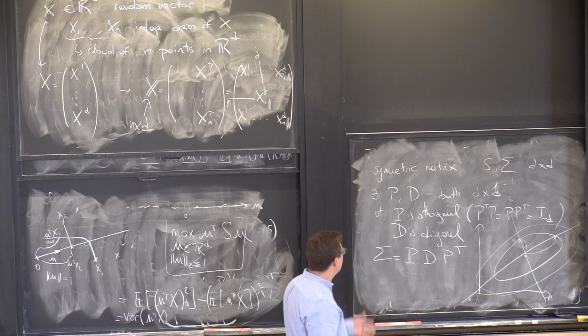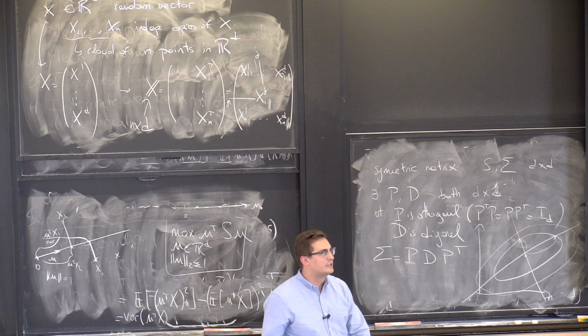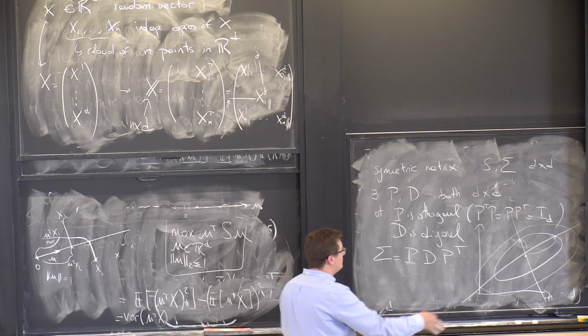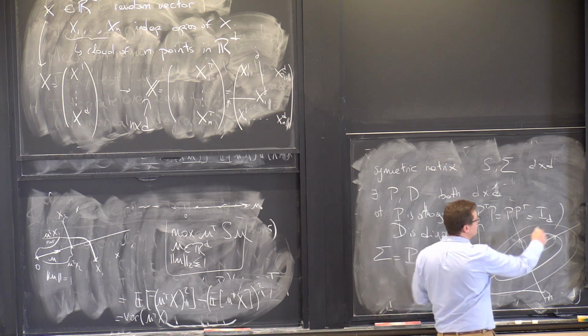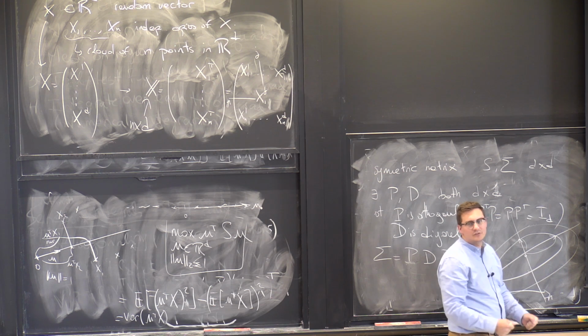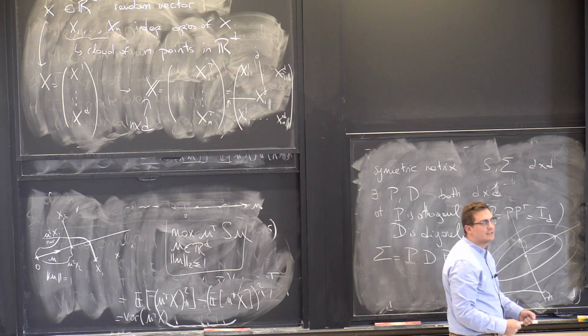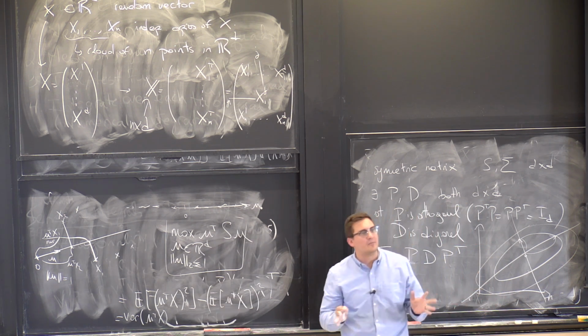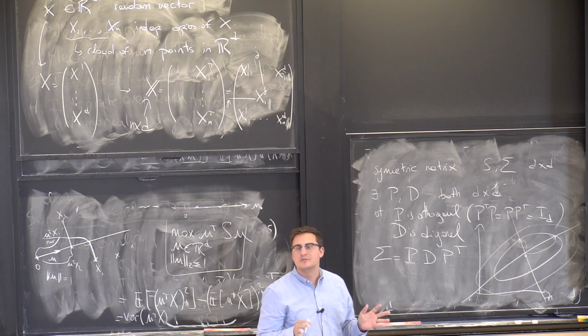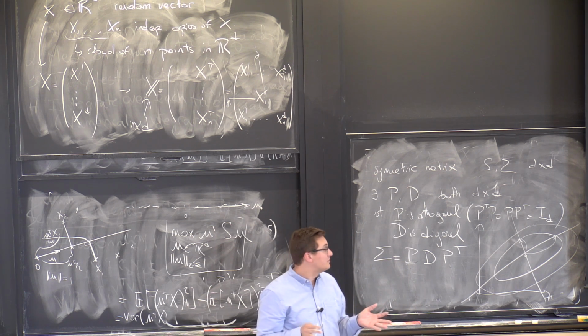So in a way, this is actually telling you even more. It's telling you that for any matrix that's symmetric, you can turn it somewhere, start to dilate things in the directions that you have, and then turn it back to what you originally had. And that's exactly the effect of applying a symmetric matrix to a vector. It's pretty impressive.